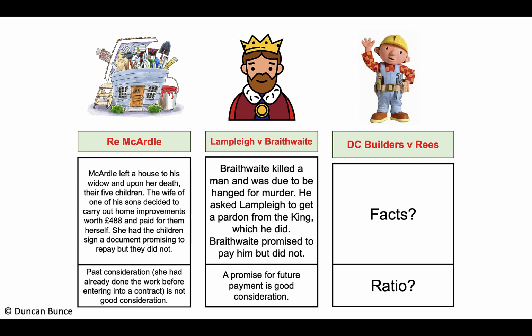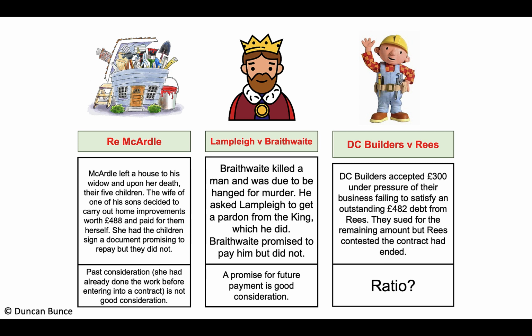So yeah, a promise for future payment, and then going back over on the deal, the courts won't like that one little bit. And in DC Builders and Rees, DC Builders accepted £300 under pressure of their business failing to satisfy an outstanding debt that Rees owed them of £482. So here the builders, as I say, thought it's better to get some money from Rees than none at all, because they were in financial pressure.